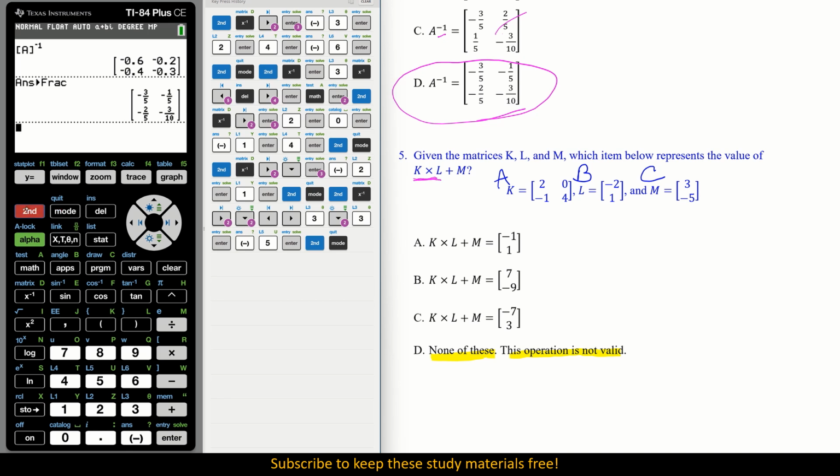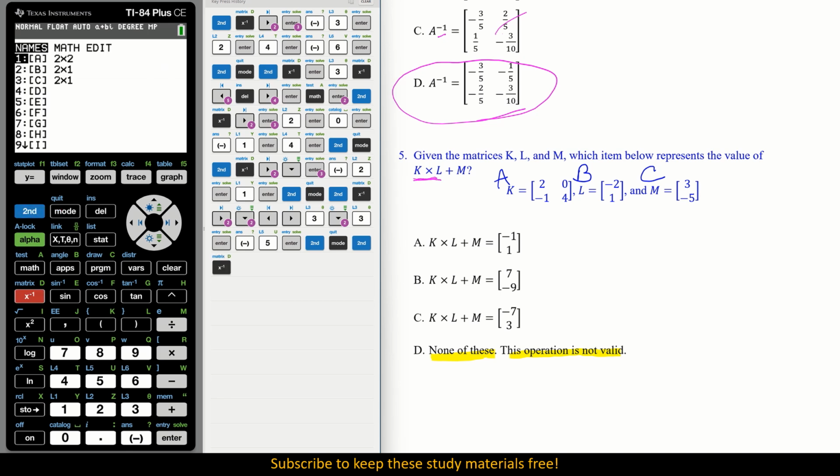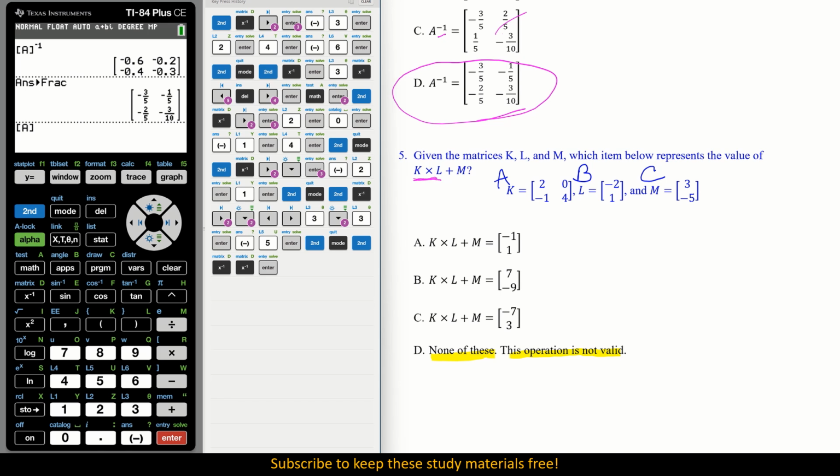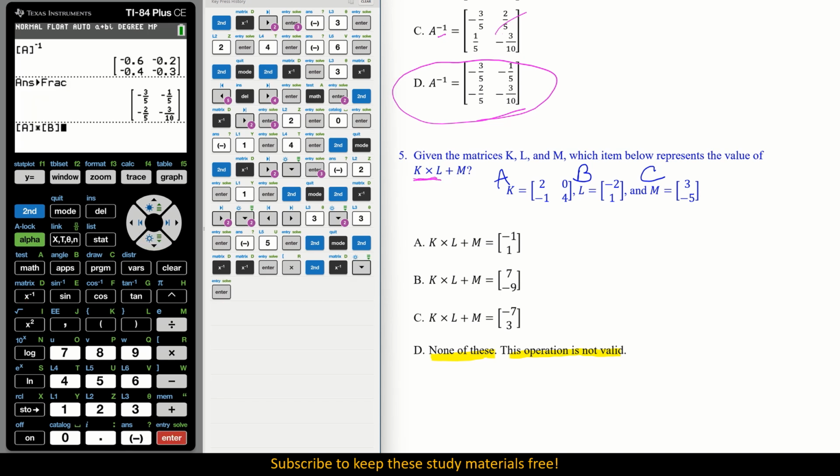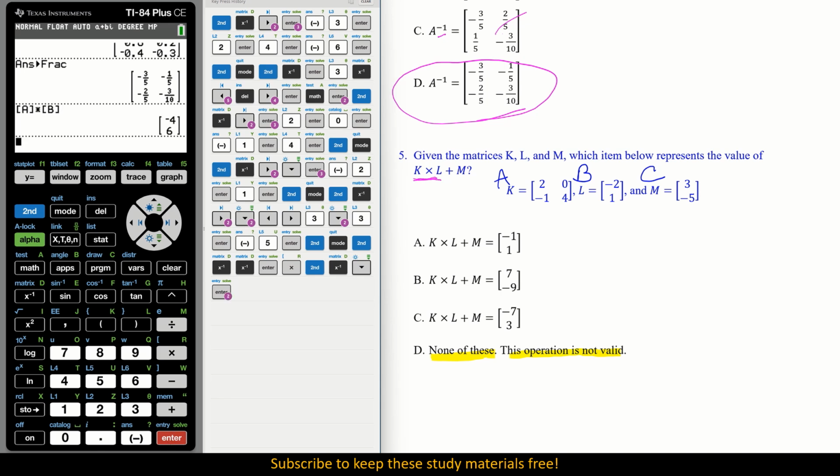So we need second matrices and push A, then times, then second matrix, arrow down to B, push enter. And let's go ahead and push enter again to see. We need to make sure that that is a 2 by 1. Okay, so push enter. And it is. And you know what? Let's go ahead and note what that 2 by 1 is.